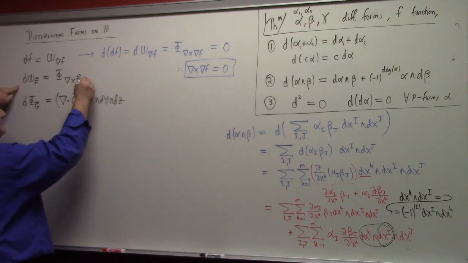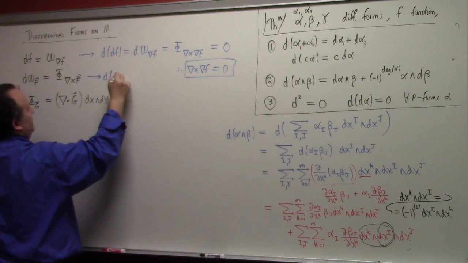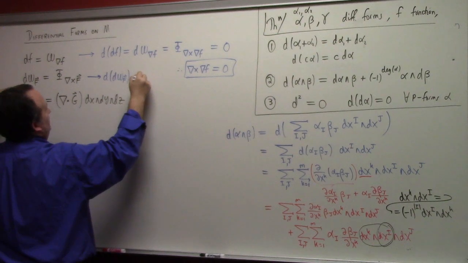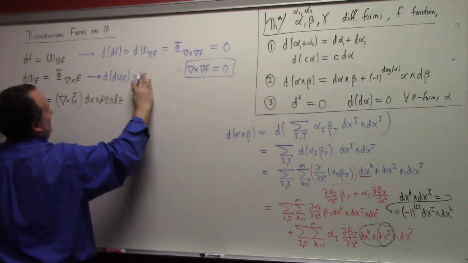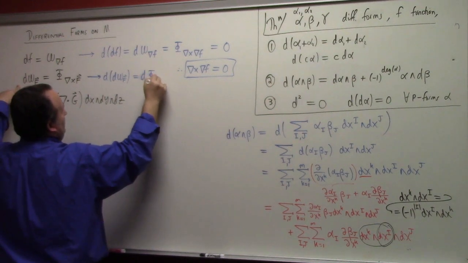So if you take the exterior derivative of this, what do you get? You get the exterior derivative of the flux form of the curl, right?